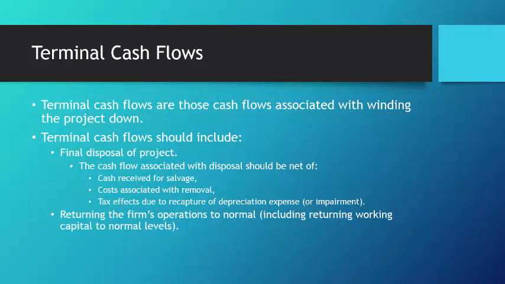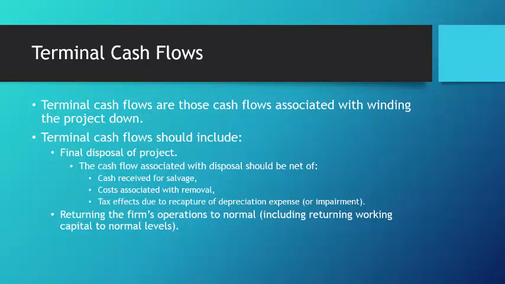And then return the firm's operations to normal, including returning working capital to normal levels. Remember, right up front, we increased our inventory by $6,000. At this point, we're needing to sell off all of that inventory and not replace it, which basically means we're going to pull out that $6,000 initial investment now at the end.